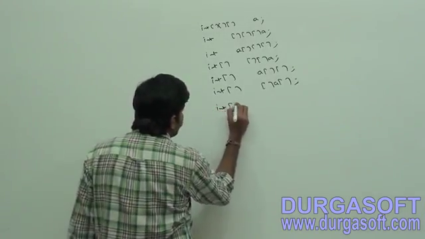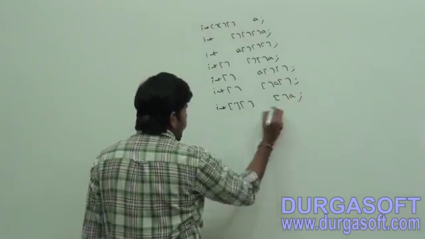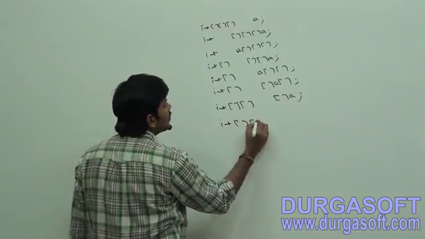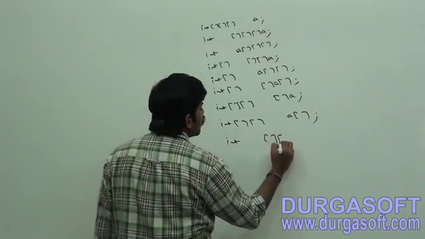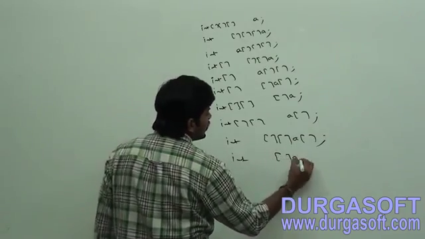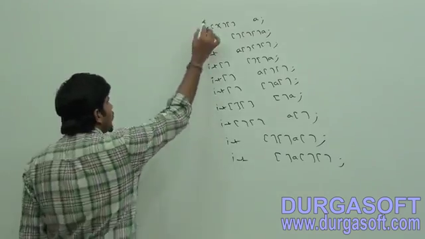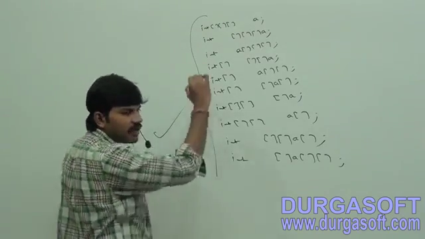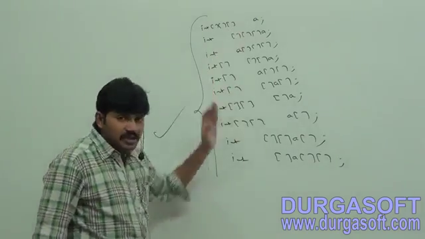Int 2 dimensions here, 1 dimension here, valid. Int 1 dimension here, 2 dimensions here, valid. Are you getting it? All these things are perfectly valid, no problem. So a 3-dimensional array we can declare in these many styles.